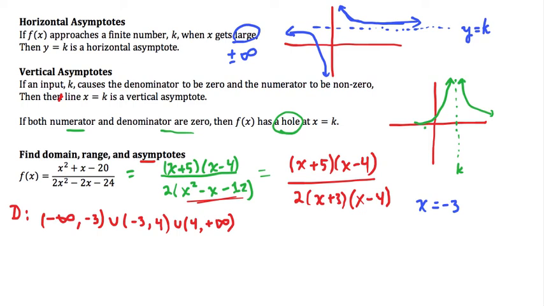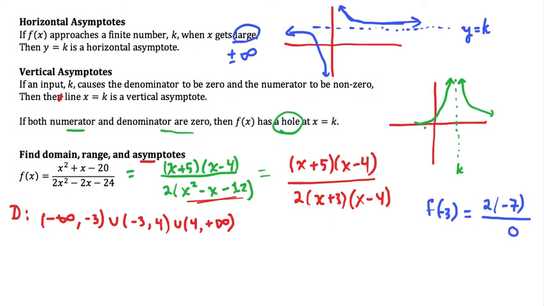Right? At x equals -3, if we were to plug in -3 on the top here, we would get -3 plus 5, so that's 2. -3 minus 4, so that's -7. So that would be -14 in the numerator. And the point is, in the denominator, though, we would get 0, because -3 in here would be -3 plus 3, so that would be 0.